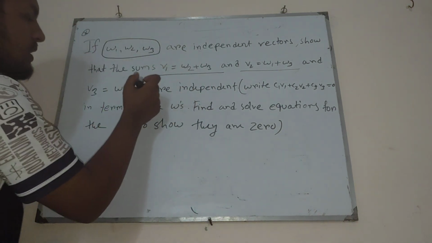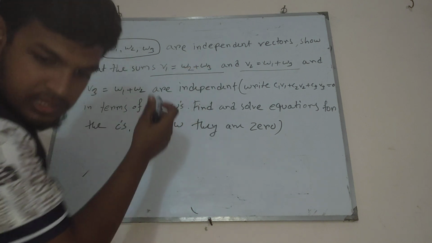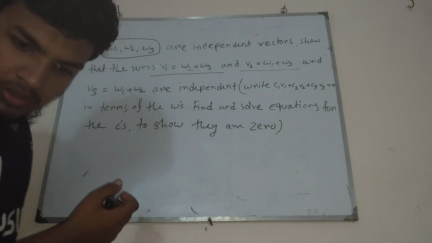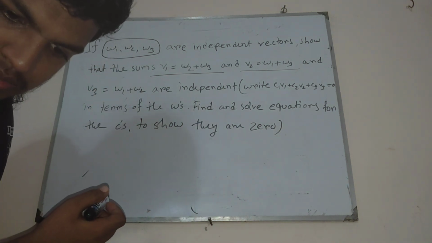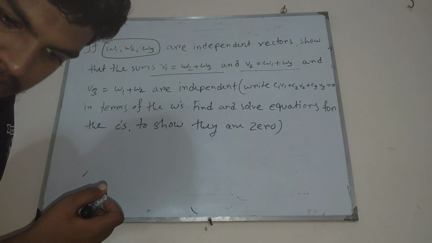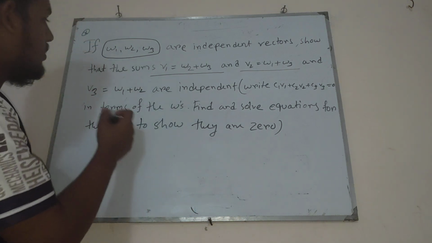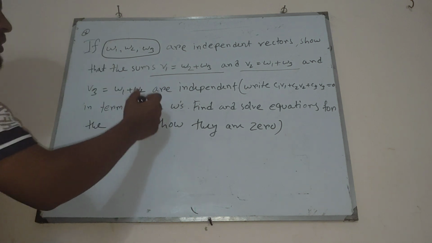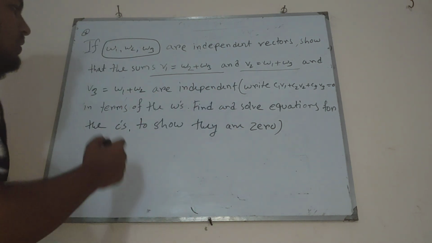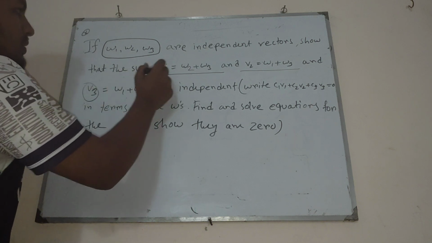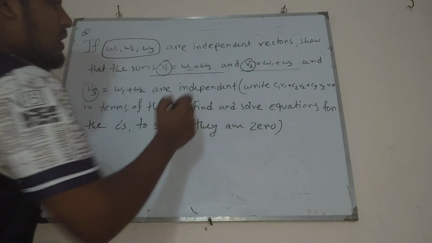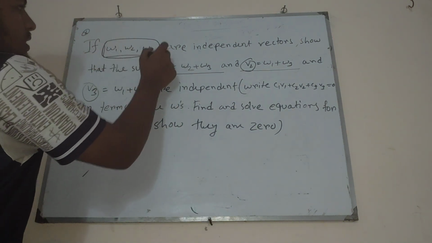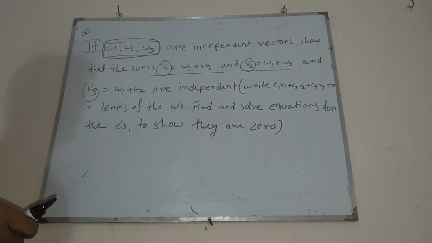So we have to prove that v1 equals w2 plus w3, v2 equals w1 plus w3, and v3 equals w1 plus w2 are also independent. So we have to prove that these three vectors are also independent if these three vectors are independent.